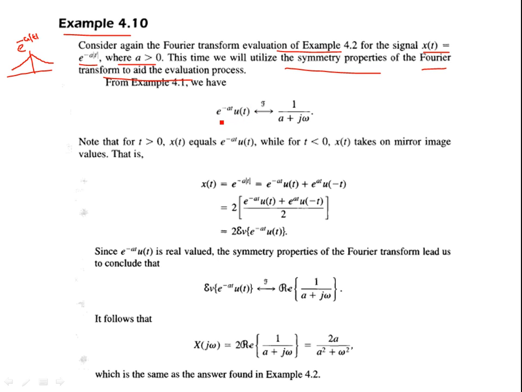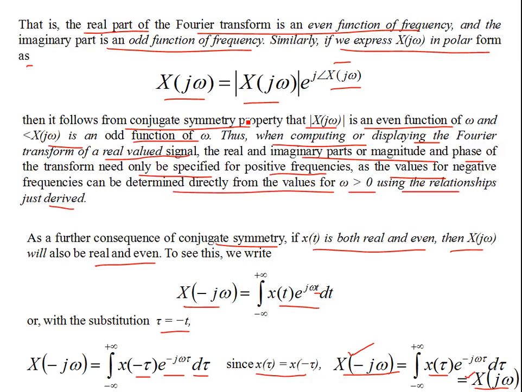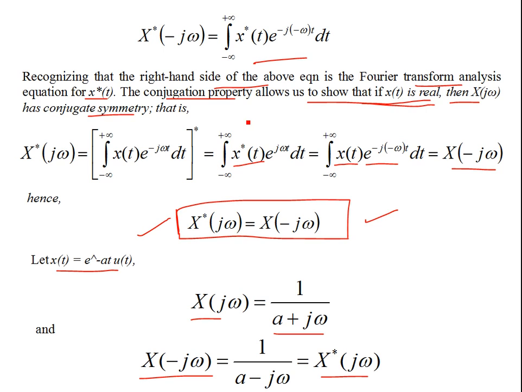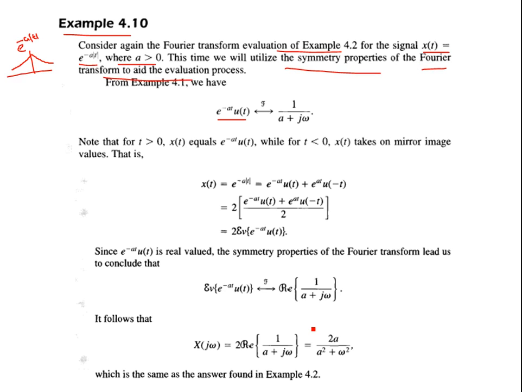All we know is, from example 4.1 in the very beginning, if you recall, that e^(-at)u(t) has a Fourier transform pair of 1/(a + jω). Note that for t greater than 0, x(t) equals e^(-at)u(t), while for t less than 0, x(t) takes the mirror image of the values.